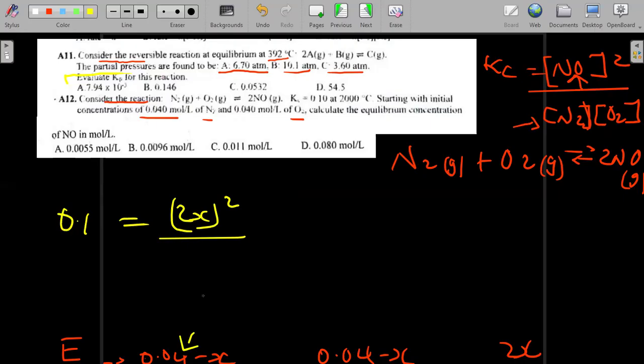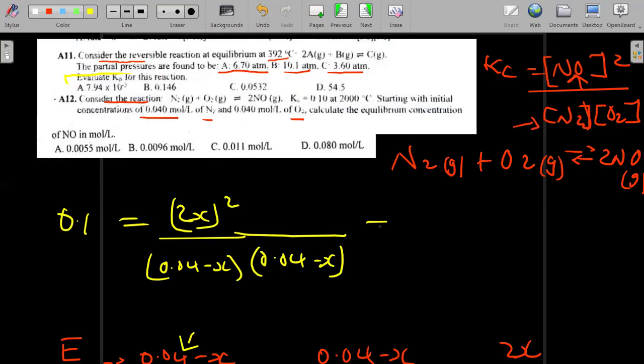That guy there is just 0.04, oh, I've forgotten the X there. So 0.04 minus X, like this. And then the other one is also 0.04 minus X. Okay, so this is what we have.